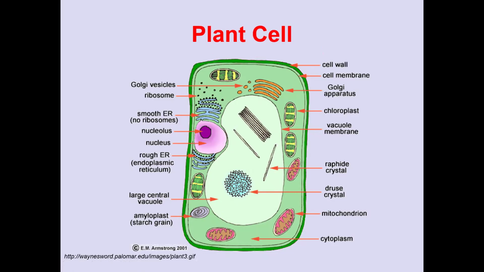Smooth endoplasmic reticulum, where you have no ribosomes attached to it, and the rough endoplasmic reticulum that is embedded with ribosomes. Cell wall, and also the cell membrane, and Golgi apparatus, chloroplast, and so on and so forth. Mitochondria is also here for energy production.